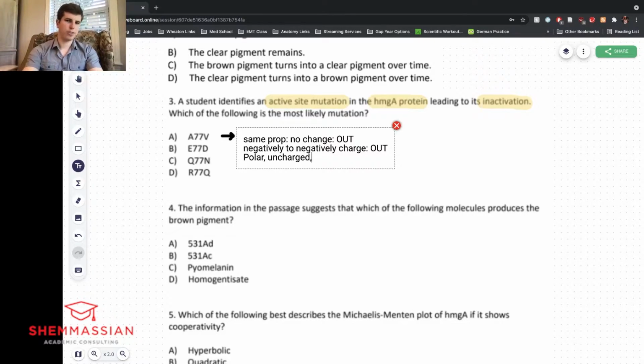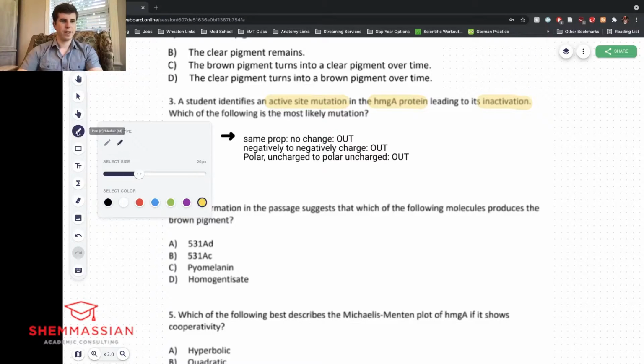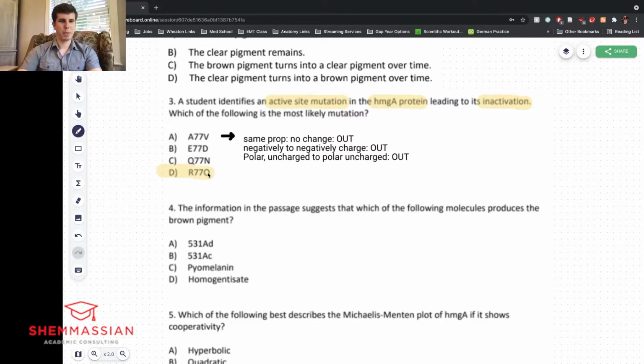And N is also polar uncharged. So we're going polar uncharged to polar uncharged. So that would not make any sense to make it go from active to inactive, so that one's out. So I'm already going to answer D. I haven't even looked at it yet, but just guessing it's going to be a change.